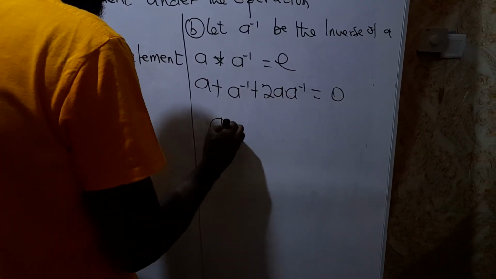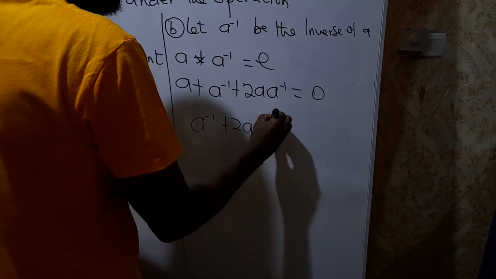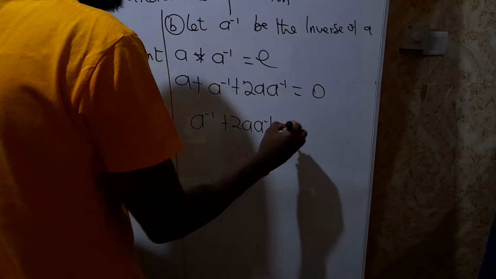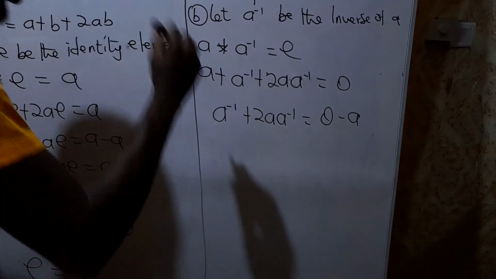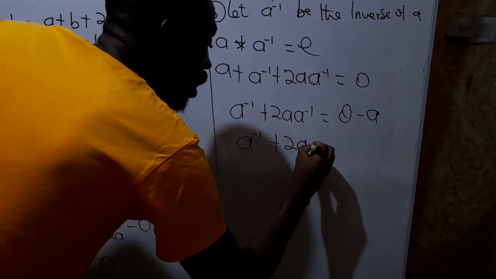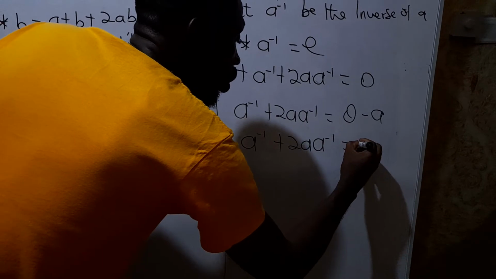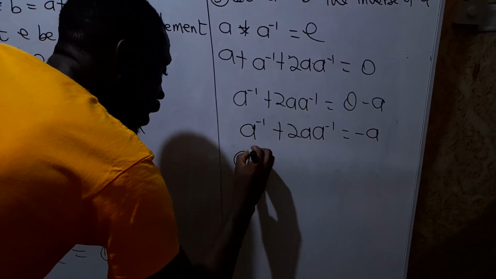Then we can say A inverse plus 2A A inverse is equal to 0 minus A. So we can say A inverse plus 2A A inverse is equal to negative A. What's common here? A inverse is common. We'll bring it out.